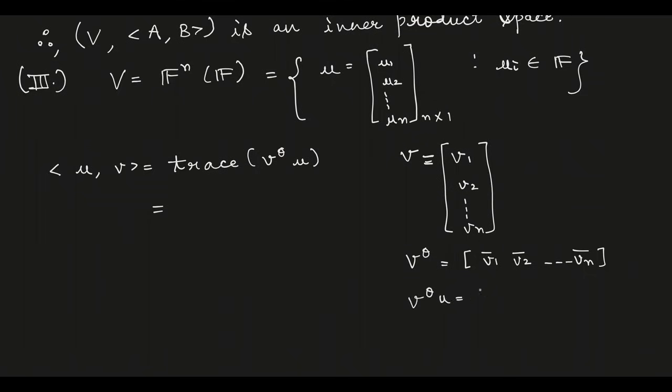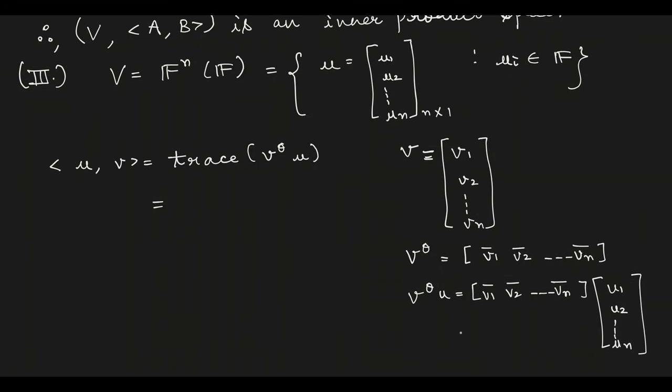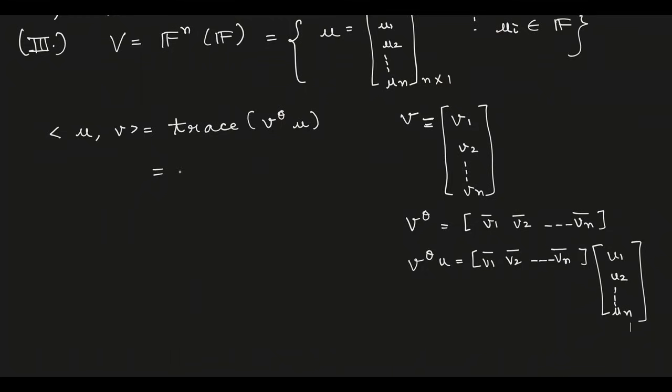V theta u will be v1 bar, v2 bar, and so on, times u1, u2, so on till un. So this will be trace only. v1 bar u1 plus so on. So this will also be an inner product space.